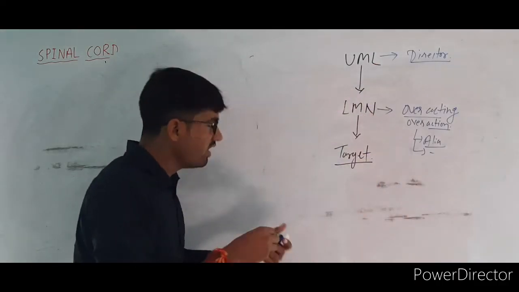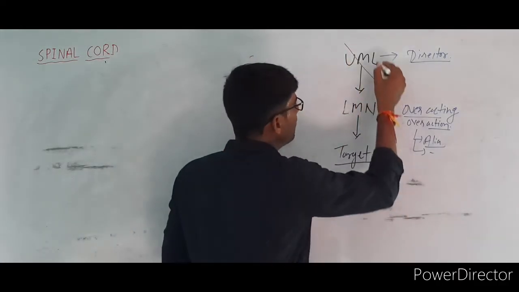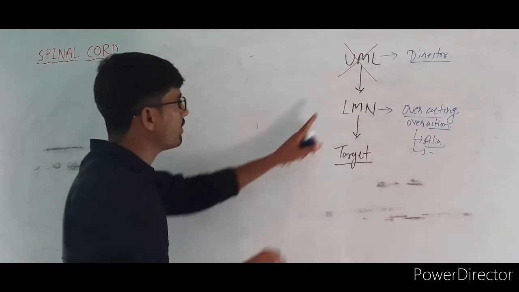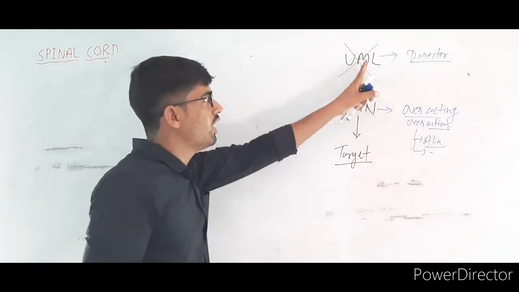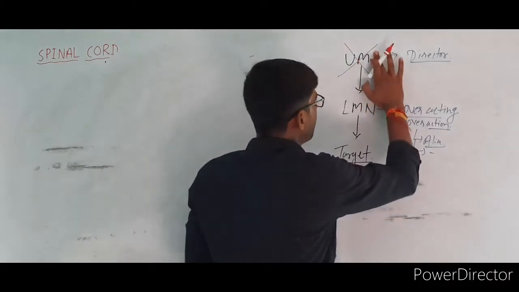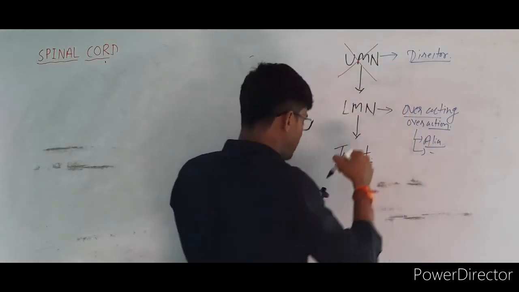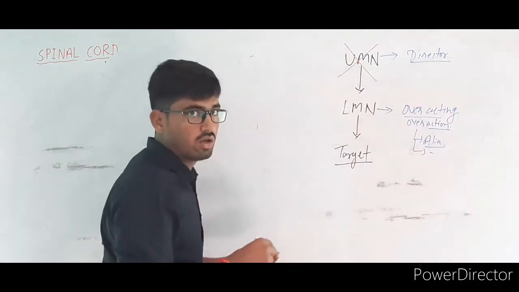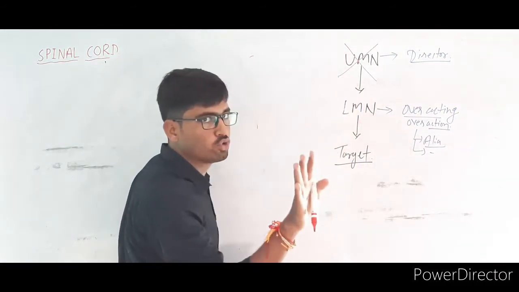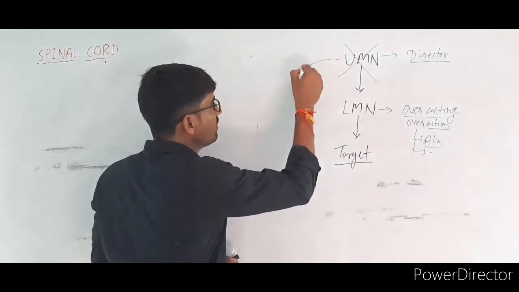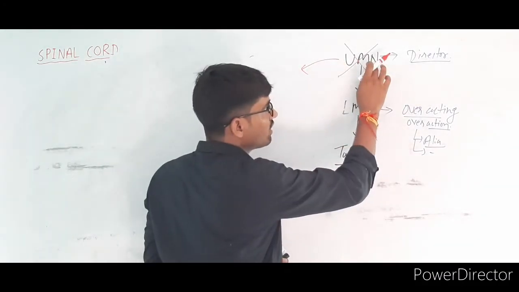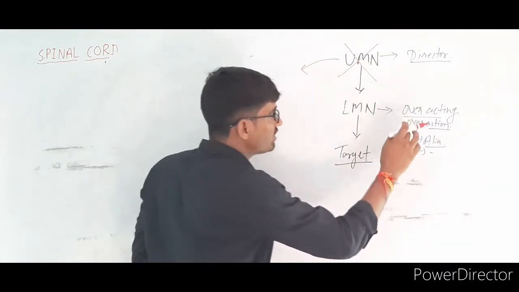Now you tell me, if there is an upper motor neuron lesion, what will happen? The lower motor neuron will overact.